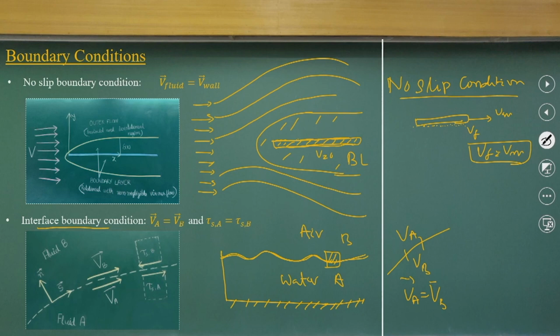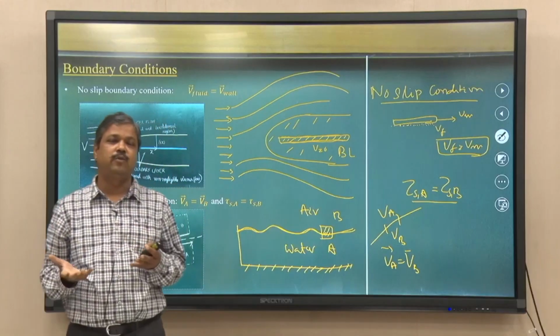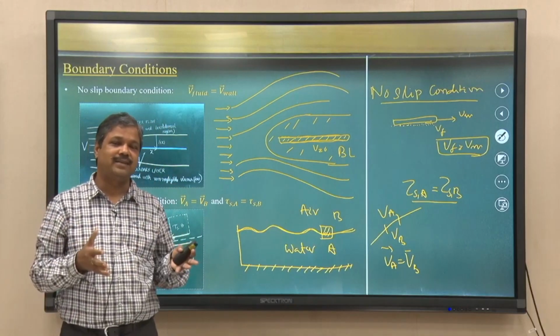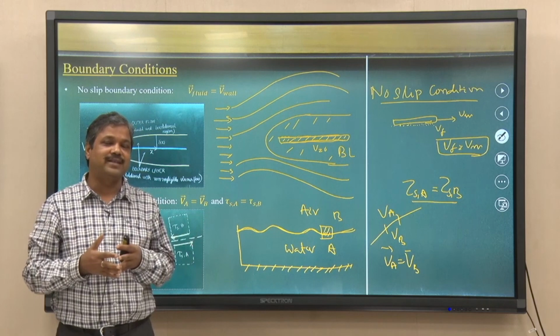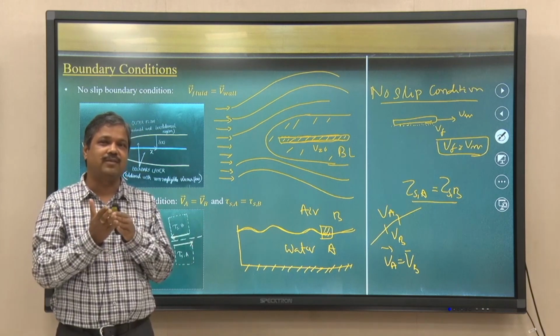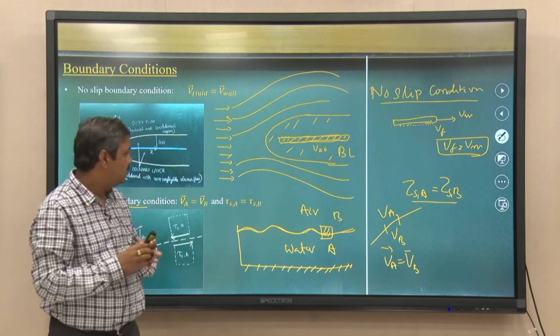Not only that, at the interface the shear stresses acting on the surface, tau sA and tau sB, should be equal. That is the condition at the interface between two liquids, or liquid and gas, or between two gases.